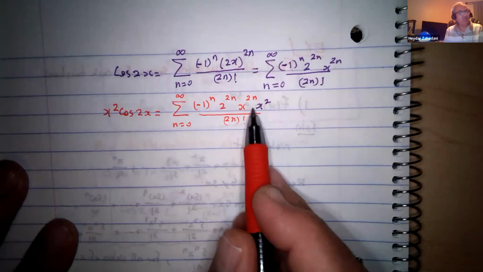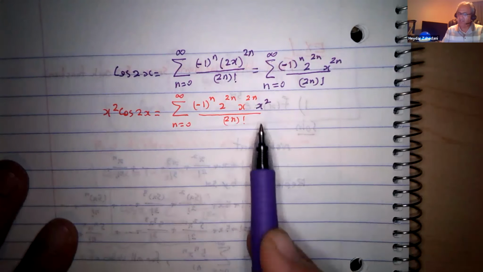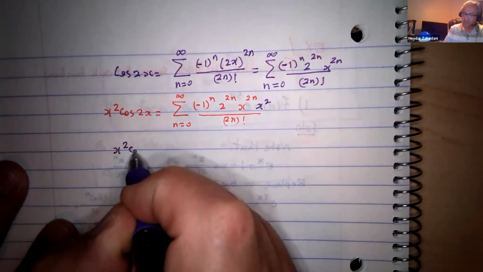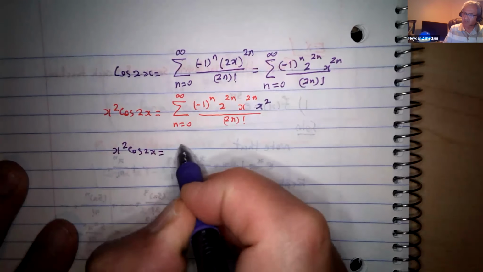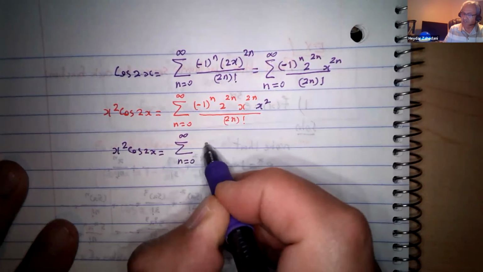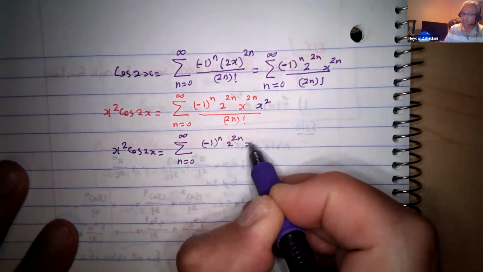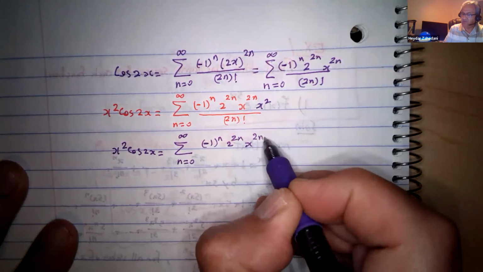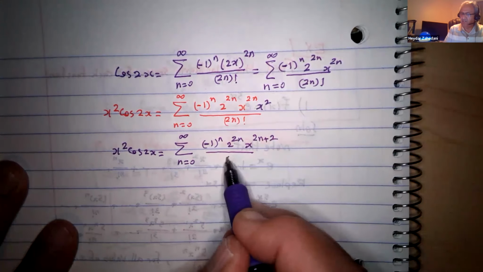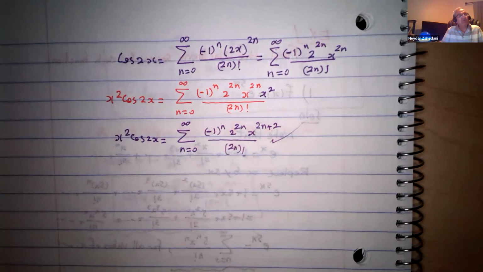Now x to the 2n, x squared, you have the same base, you add the powers together. So the final answer would be x squared cosine of 2x is equal to sigma of n from 0 to infinity, the top, negative 1 to the n, 2 to the 2n, x to the 2n plus 2, divided by 2n factorial. You see, that's a condensed form, the sigma form. It's much easier.